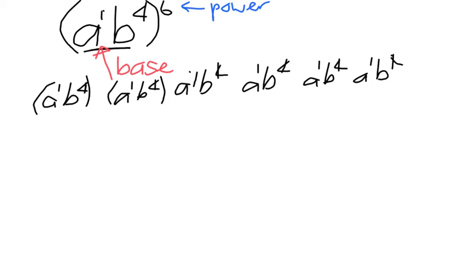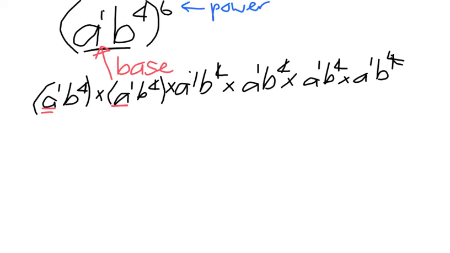Of course, we have 1, 2, 3, 4, 5, 6, as you can see. So this is all being multiplied in between. What we would have to do is also group our like terms.